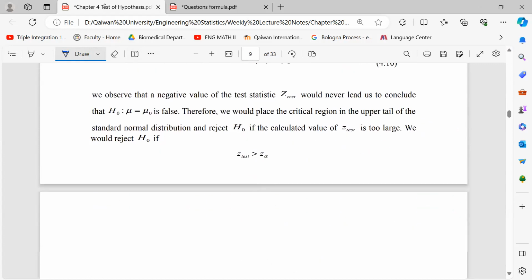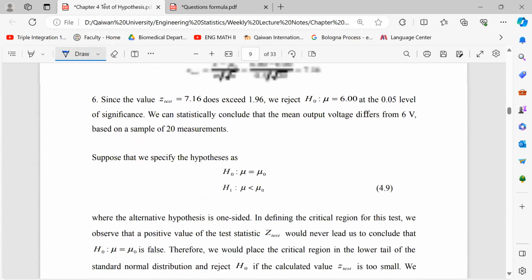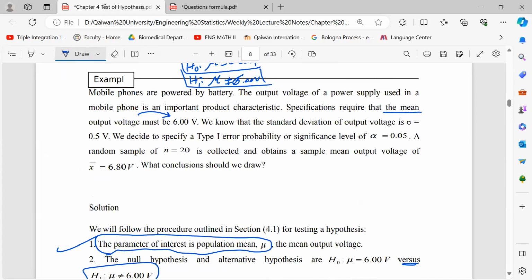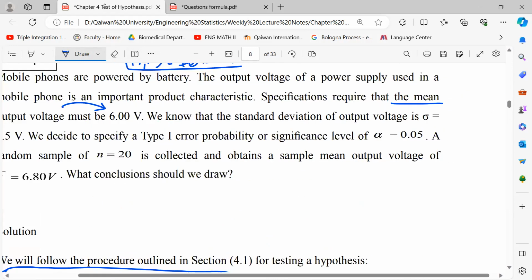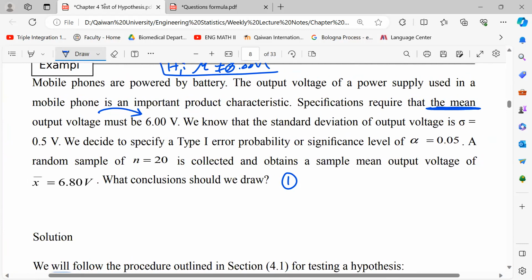Now, for this example, let's write down all the solution here. The first step, we said we just write down the parameter of interest. The parameter of interest here is mean. It says the mean of the output voltage must be 6.